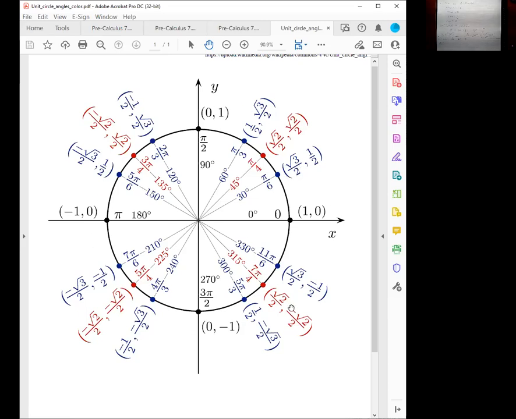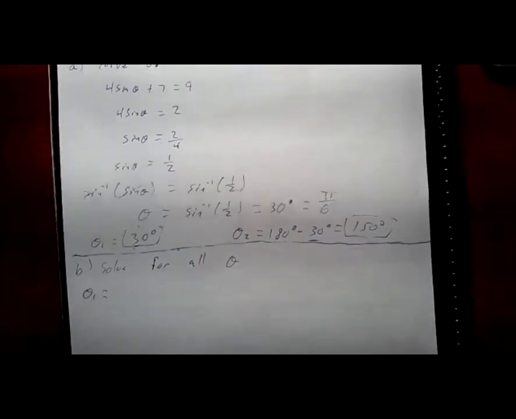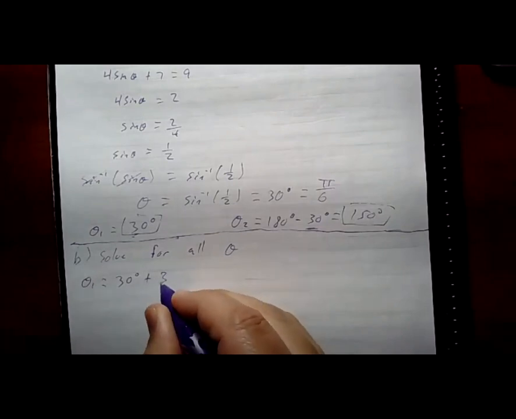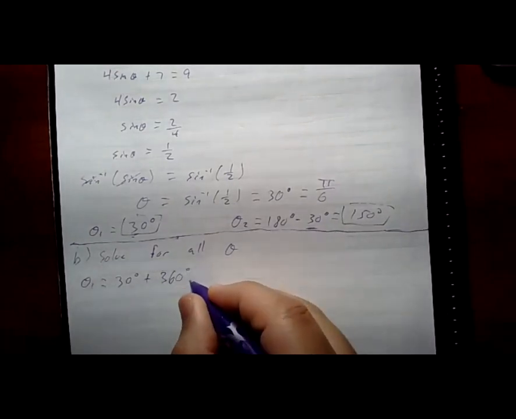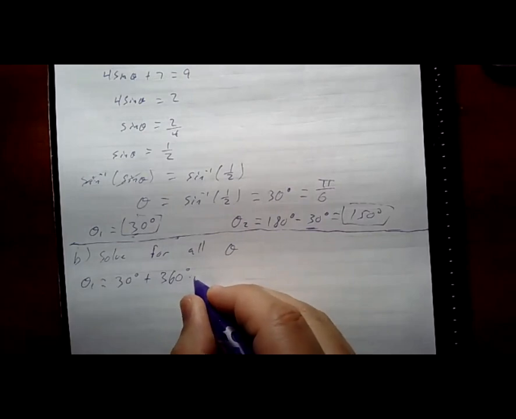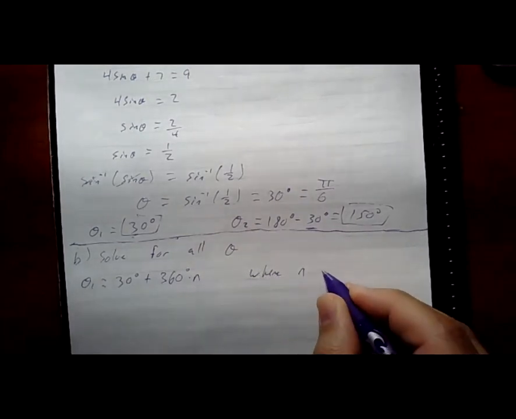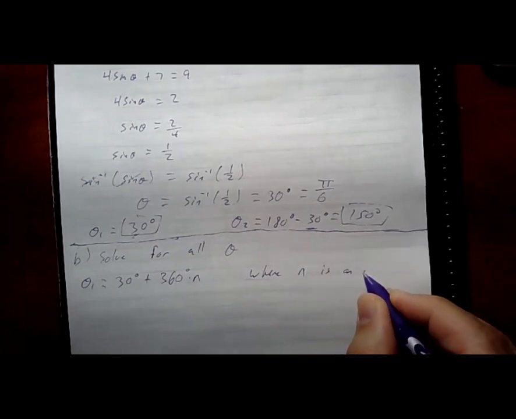Add another 360. You see how I can do that forever and keep landing here, and I still keep getting a half. So that's an infinite number of solutions. So what you do is you take the 30 degrees that you found and add 360 times n, where n is an integer.